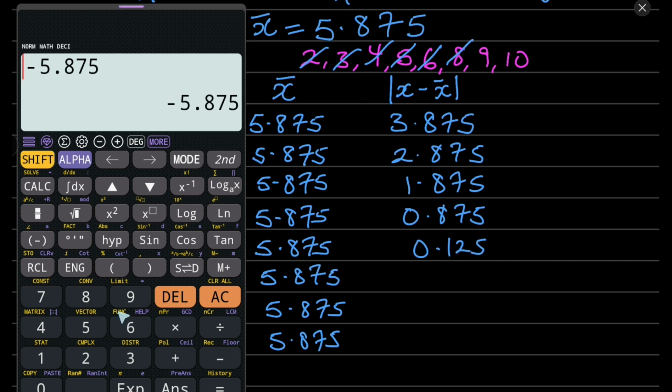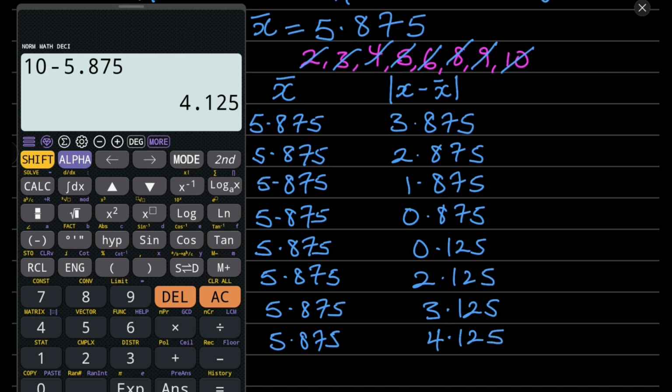Then for 8 we have 2.125. Then we go for 9, 3.125. Then finally we have 10, 4.125. So I can clear this off.